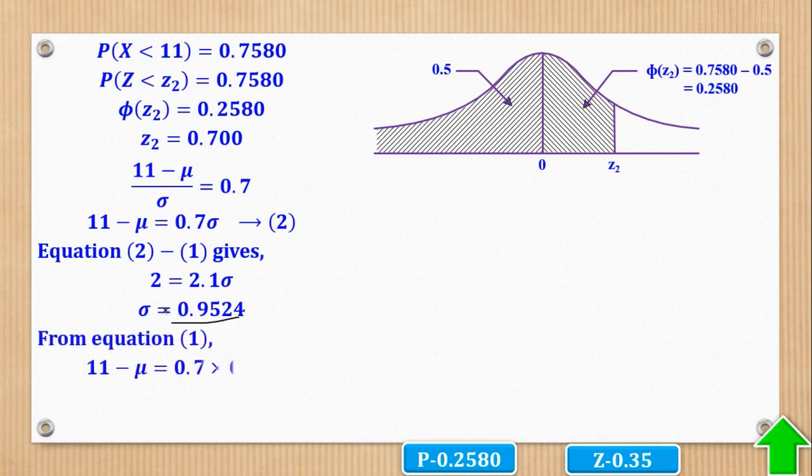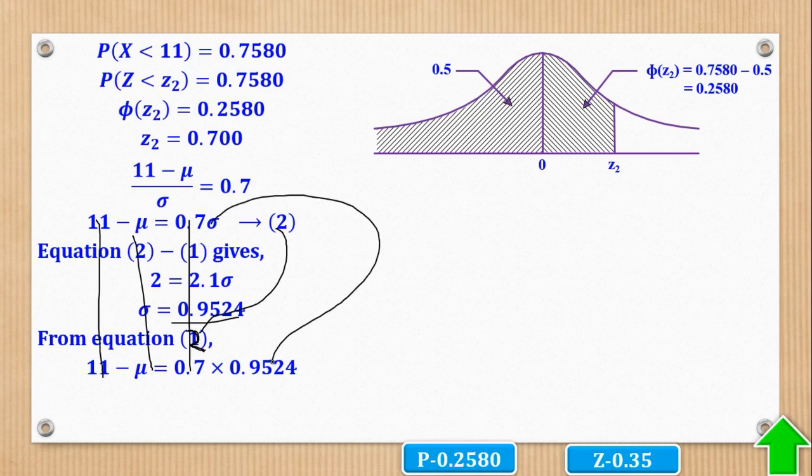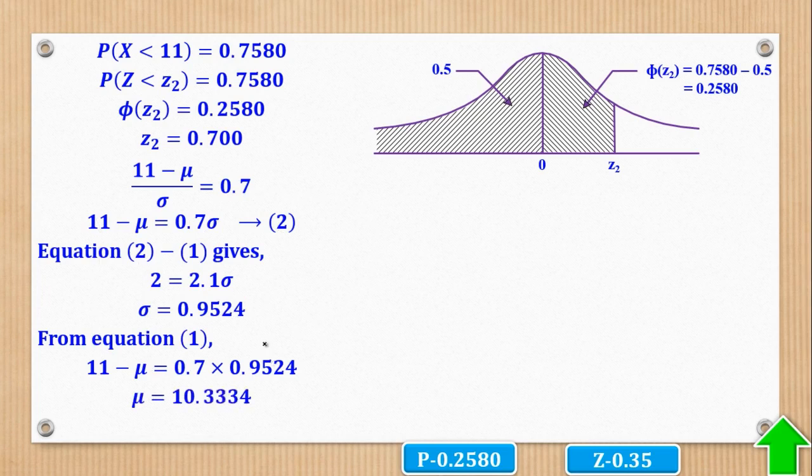Then from equation 1, actually this is not equation 1, this is equation 2. So here you change and put equation 2. So from equation 2, 11 is here, mean is here, 0.7 is here, and standard deviation we already got. Therefore, I can make mean the subject, and that's what they wanted.